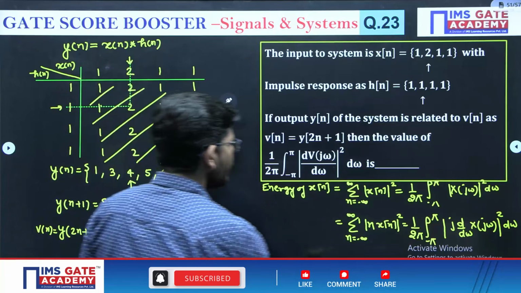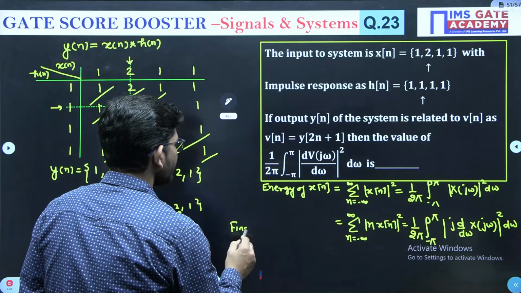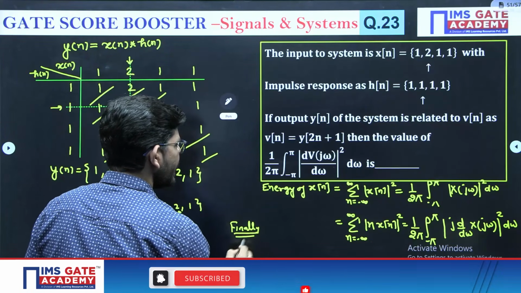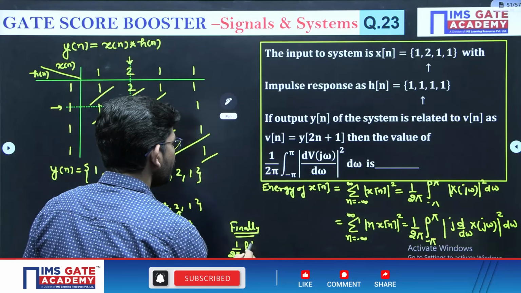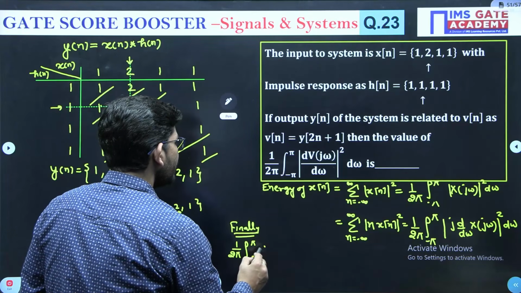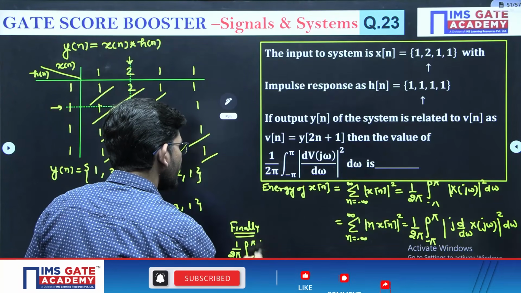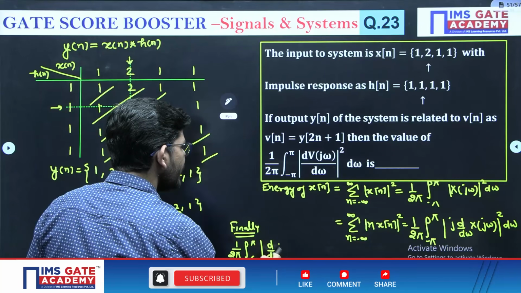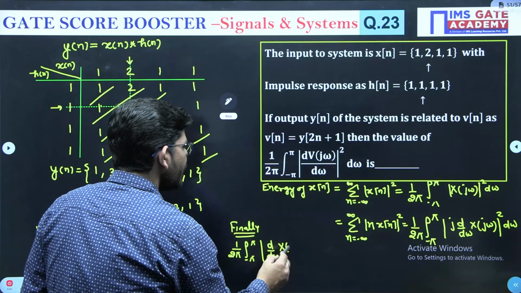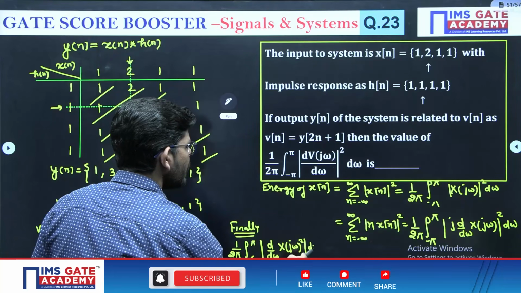So finally what you will get? Finally I can write it 1 upon 2 pi integral from minus pi to pi, d by d omega, modulus and j we can remove, d by d omega of X(j omega) square d omega.